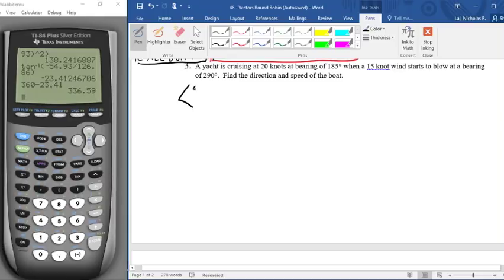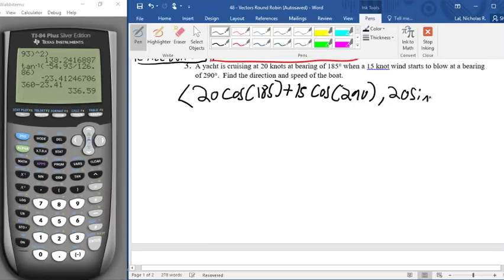Our horizontal component is going to be 20 times the cosine of 185 plus 15 times the cosine of 290, comma, 20 times the sine of 185 plus 15 times the sine of 290.